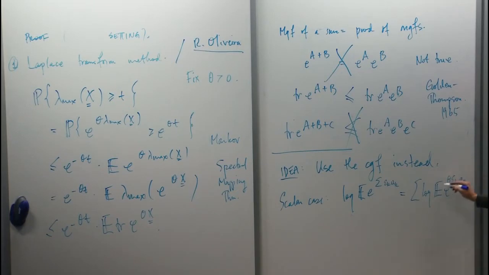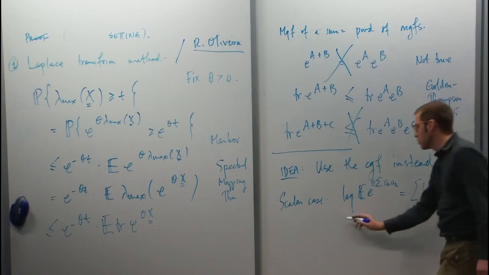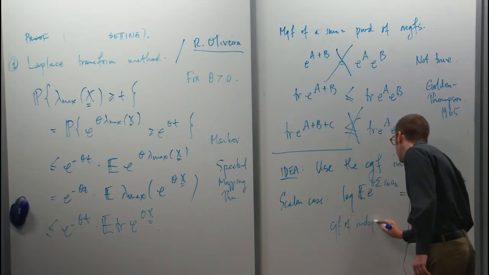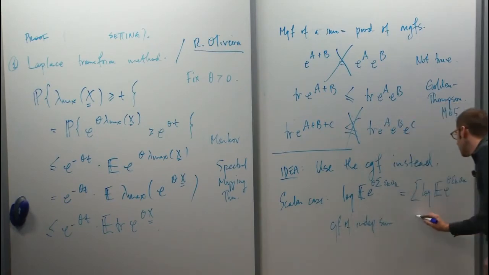Oh, I should put thetas in here. So in the scalar case, just by taking the logarithm of the calculation we made before, we see that the cumulant generating function of an independent sum is the sum of the cumulant generating functions. So CGF of independent sum, sum of CGFs.